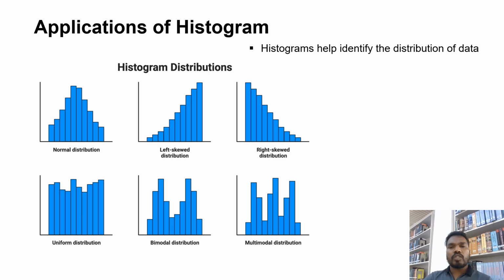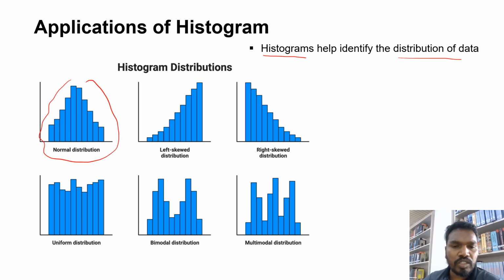We use histograms in a variety of ways, especially if you want to find which kind of distribution it is. In the upcoming sessions, when you move to the higher level of statistics, you will find that there are different types of distributions. To understand which kind of distribution it is, we just draw the histogram and see: if the histogram is of this kind, then it is a normal distribution.